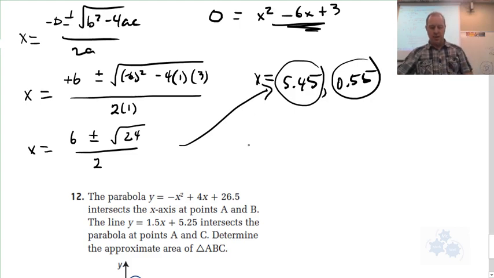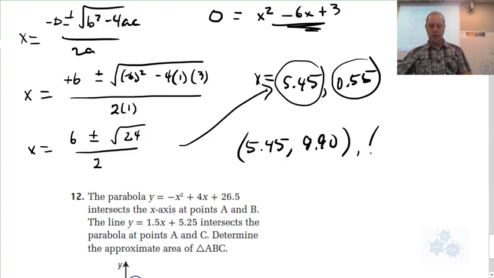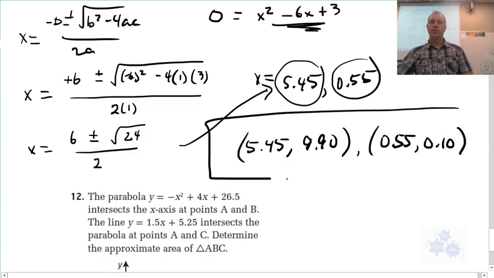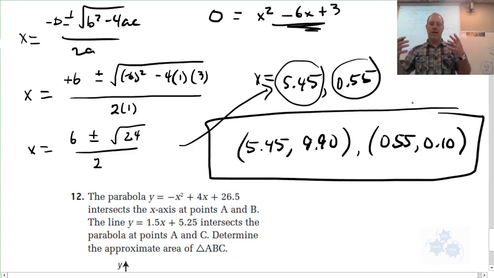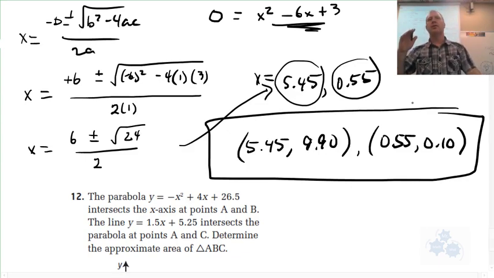And just for the sake of time, your answers then should be 5.45 and 9.90, or approximately that. That's one intersection point solution. And then 0.55 and 0.10. So those would be the coordinates for the solutions for that intersection. So again, if your system has y and x in there, you should give the coordinates y and x for the solutions.